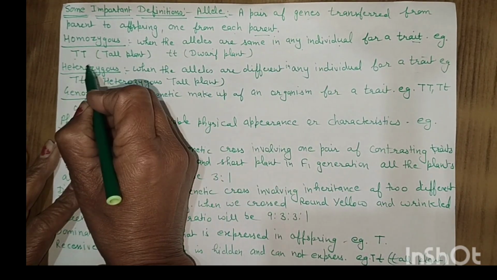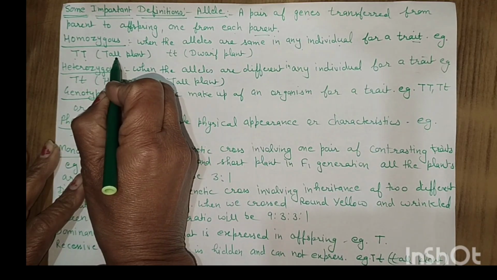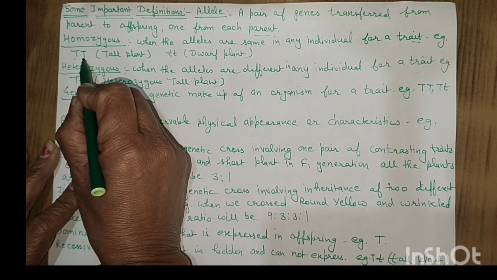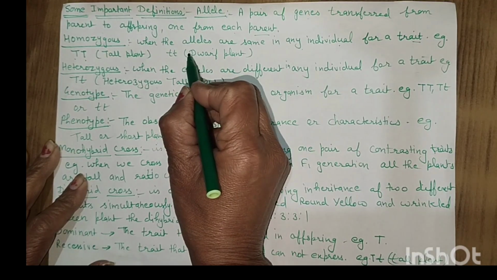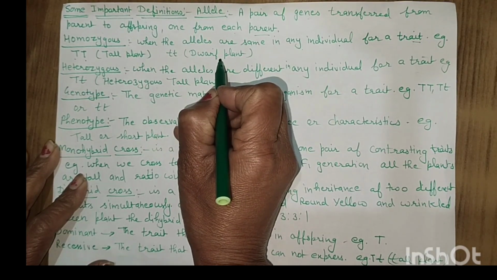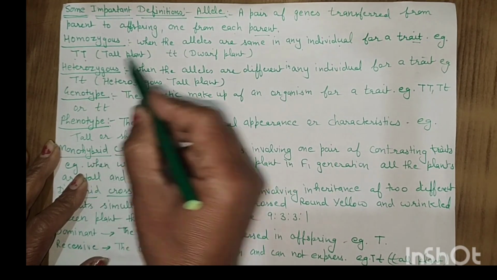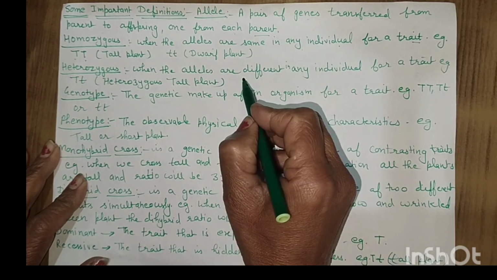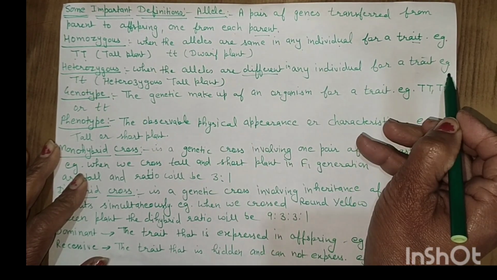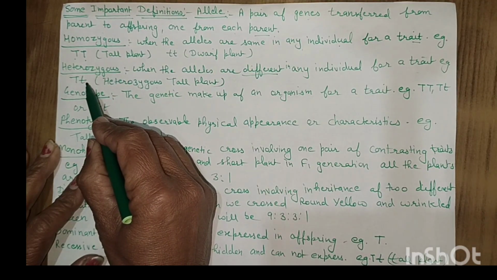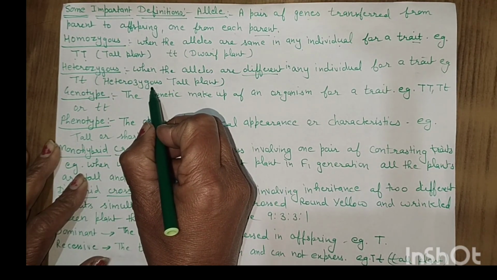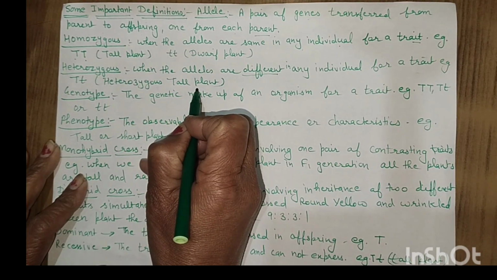Example, capital T, then it is a homozygous tall plant. Small t, then it is a homozygous dwarf plant. Heterozygous allele, when the alleles are different in an individual for a trait. Example, capital T and small t, it is a heterozygous plant, a heterozygous tall plant.